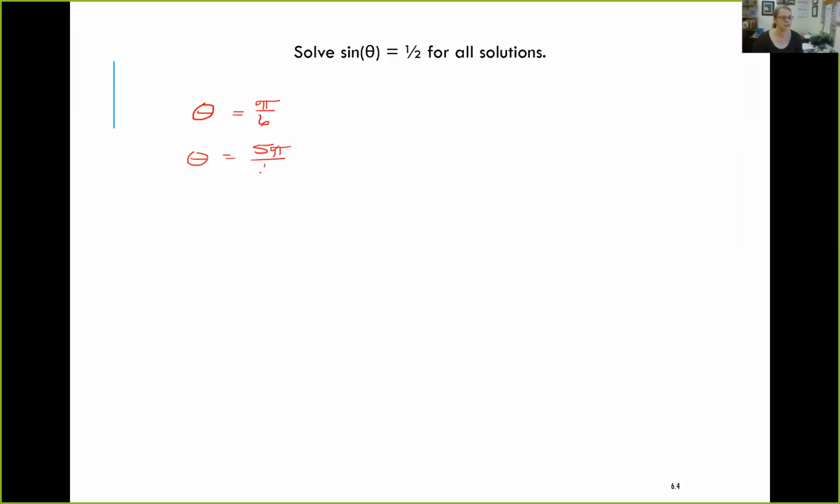We know this from the unit circle. But if we go around again, we know we're going to get back to that same angle.